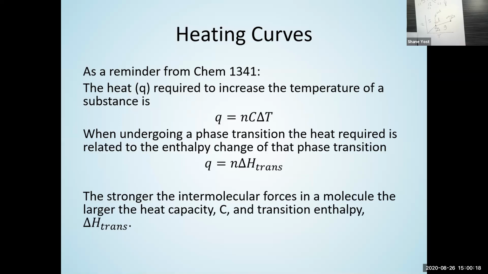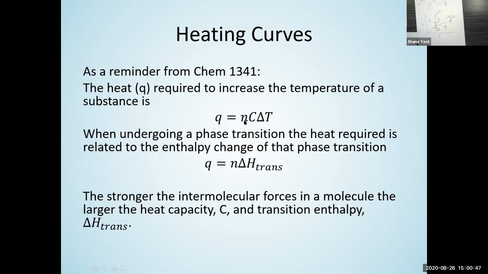Okay. We talked about these phase changes, these phase diagrams, and we can talk about the heat required to heat substances from one phase to another. When you change the temperature of some substance, you have to give in heat, Q. That heat you provide is related to the change in temperature, the heat capacity, and how much stuff you have, in this case the number of moles.